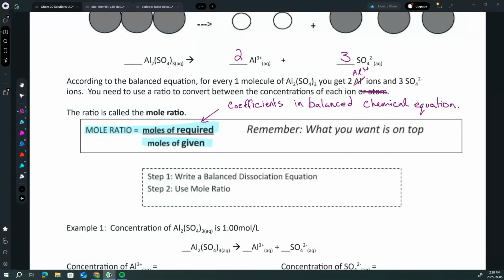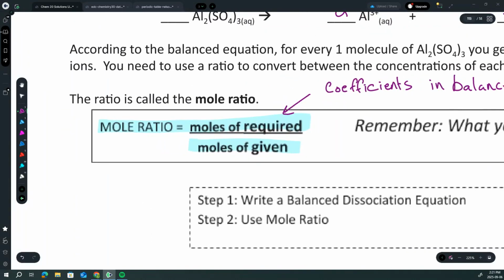Another way to state this ratio, which may be a little more helpful here, is that your mole ratio is just the substance that you want divided by the substance that you're given in the question.